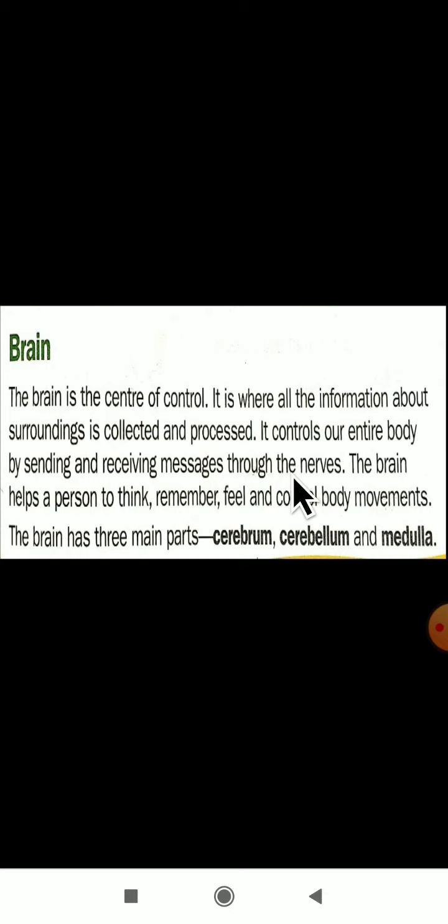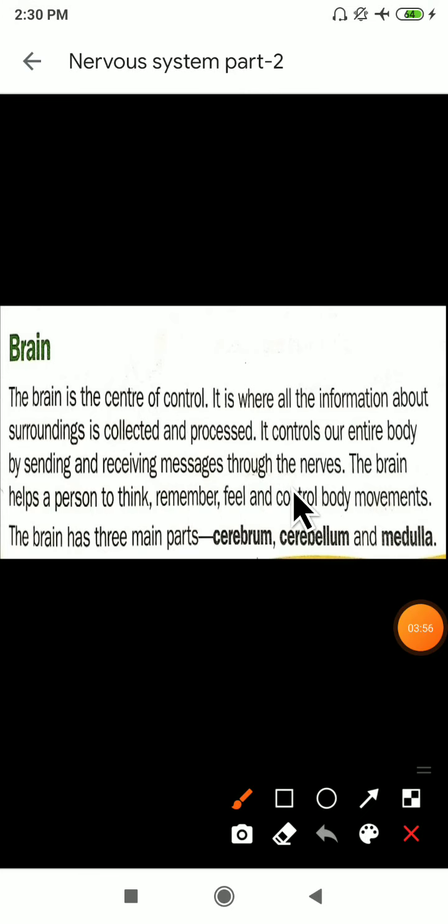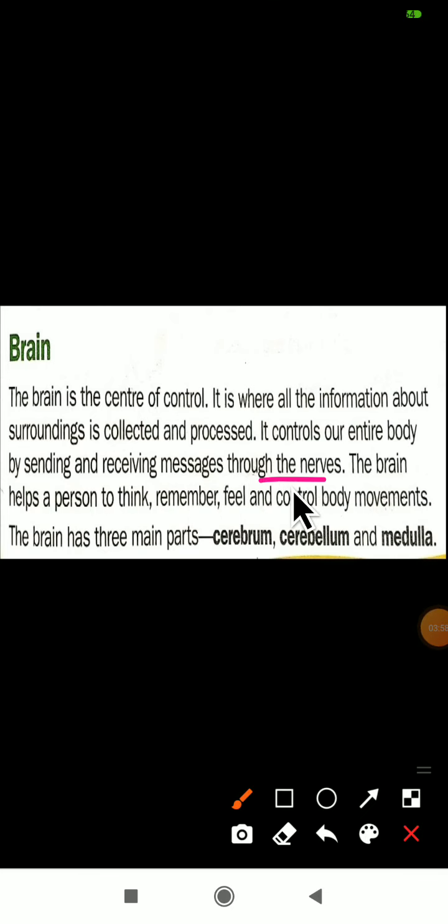Whatever our body is doing depends upon the brain only. It will send the message and receive the message with the help of these nerves.